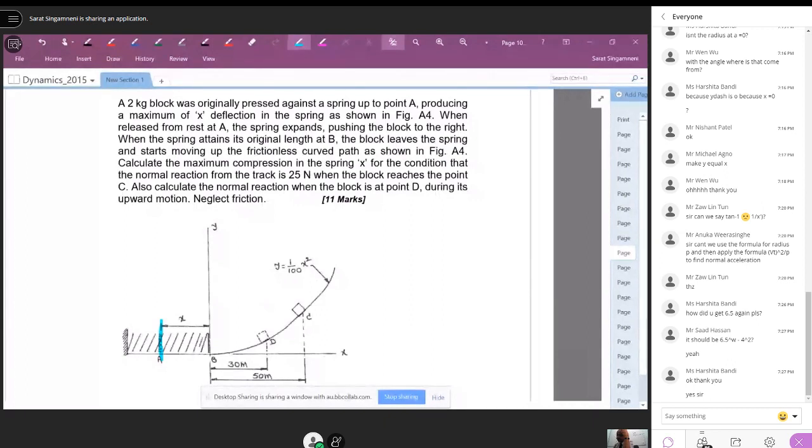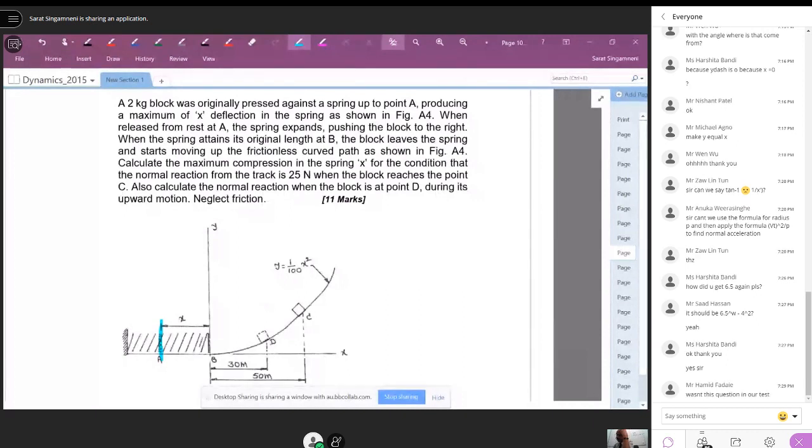When the spring attains its original length at B, that means it comes to zero deflection, all the energy stored in the spring will be gone into the block. The block leaves the spring and starts moving up like that, the frictionless curved path as shown in figure A4.